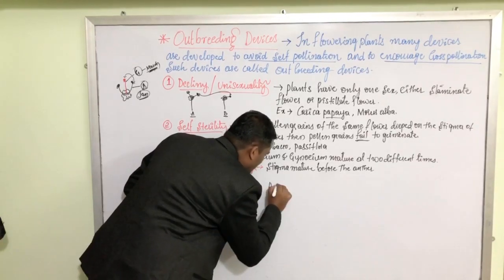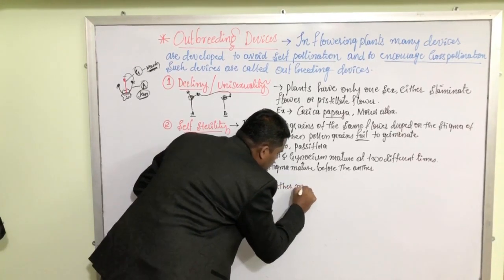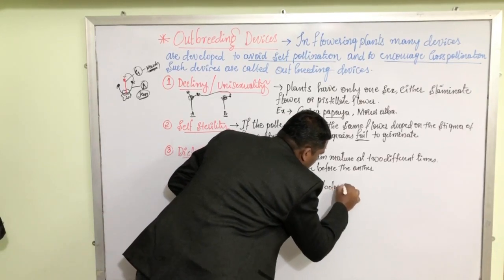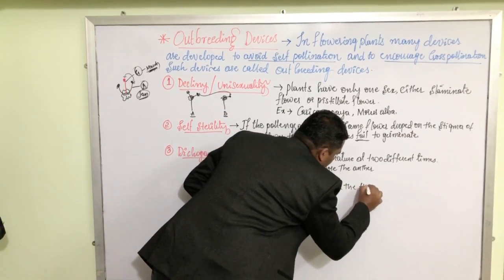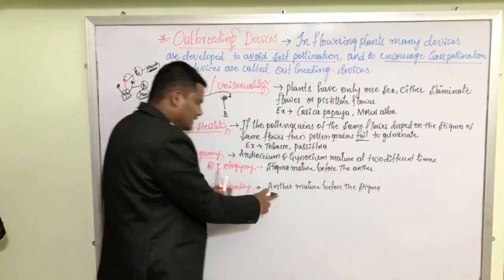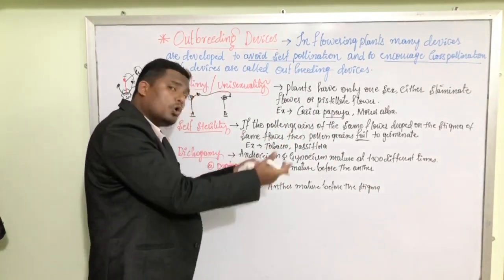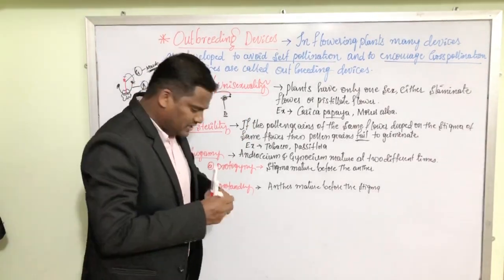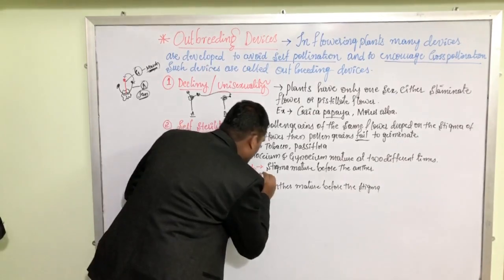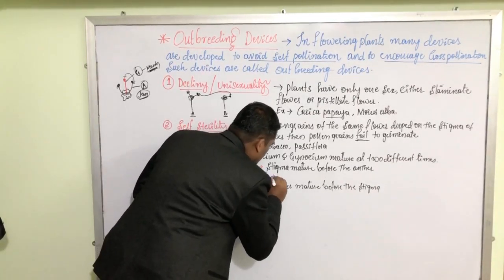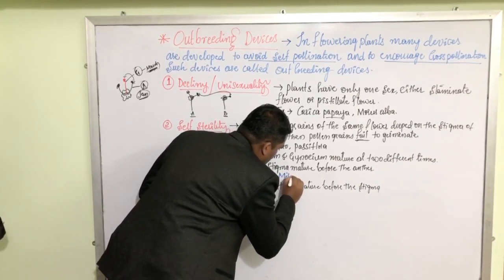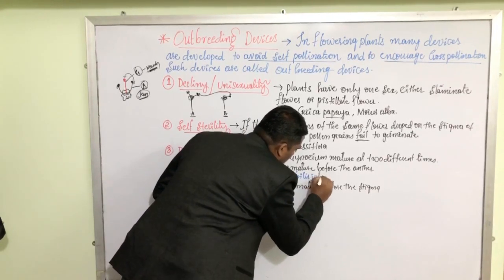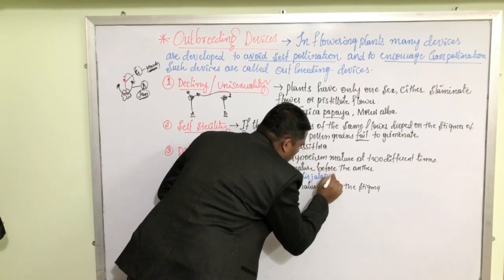If the anther matures before the stigma, such condition is called protandry. The best example for protogyny is Mirabilis jalapa plant.